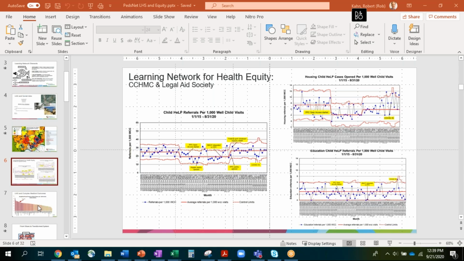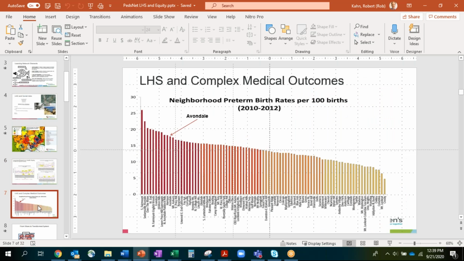Yeah. All right, well, why don't we talk about, that was on the social risk side, it wasn't medical outcome driven, but let me share some of the work we did in preterm birth. What you're looking at here is Vital Stats data, a 3-year period, 2010 to 2012, across the 80+ neighborhoods of our county, and it's the preterm birth rate per 100 live births.